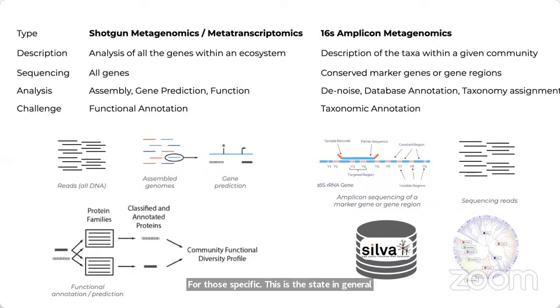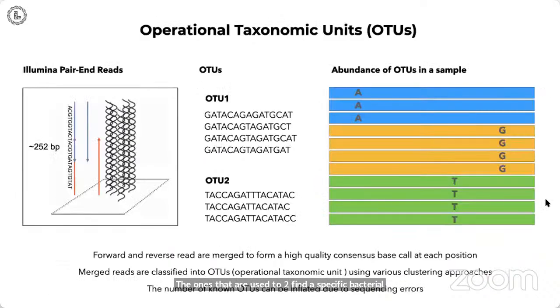So this 16S gene, as we spoke about, the hypervariable regions that we can sequence from the 16S gene are the ones that are used to find a specific bacterial taxonomy, or to identify these bacteria, as we will discuss in a couple of slides. So these genes are generally not identical.